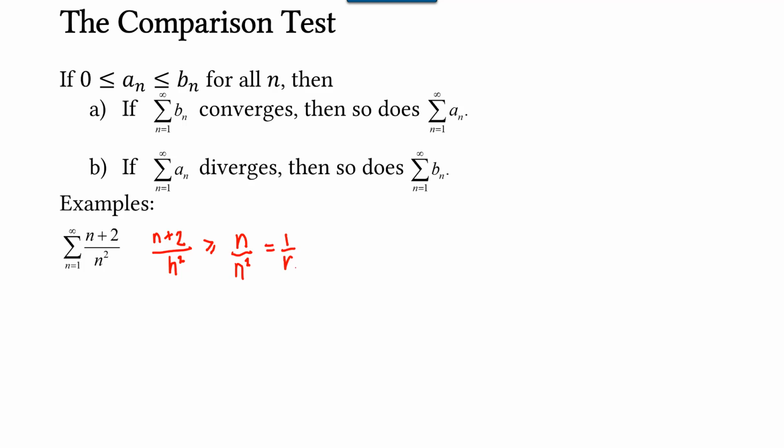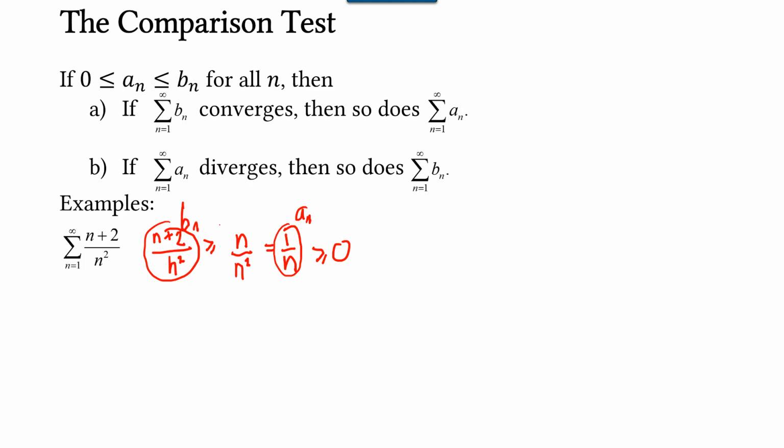That's equal to 1 over n, which we know is always bigger than 0. So here we have our a sub n, and we're comparing our b sub n to it.